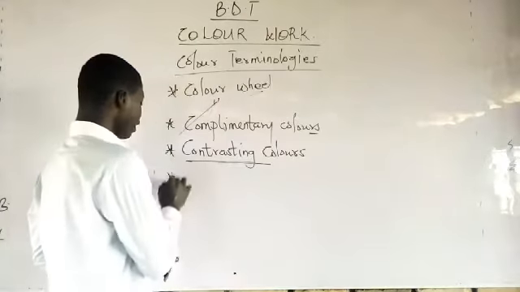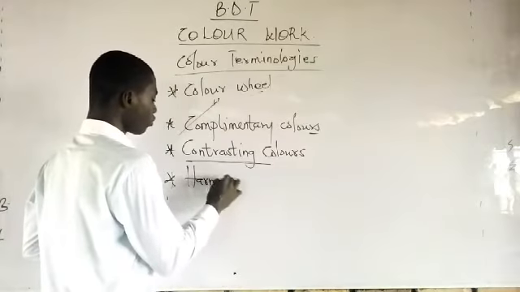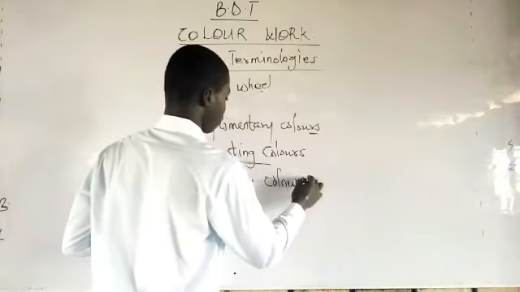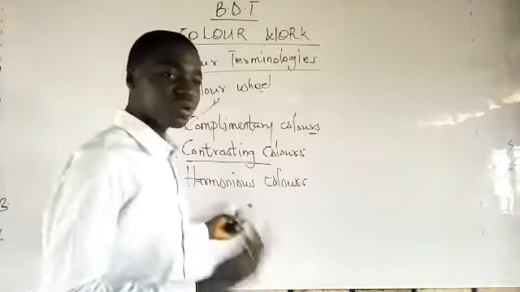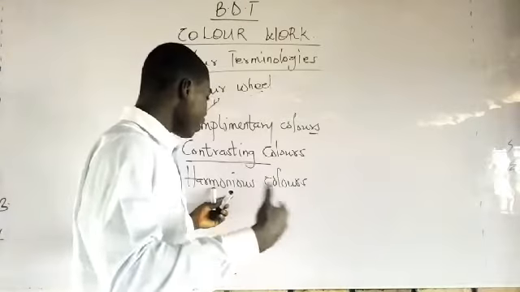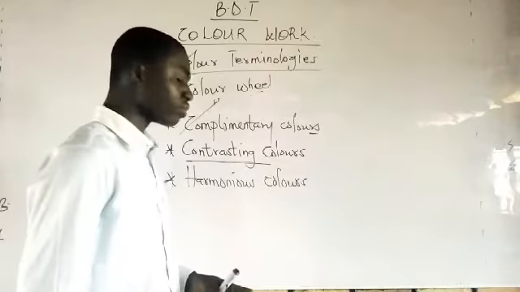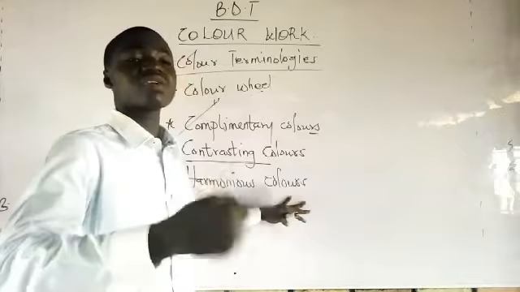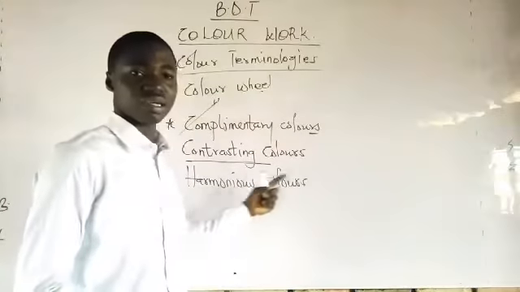Now the next one we are going to talk of is the harmonious colors. Colors next to each other on a color wheel are termed as harmonious colors.